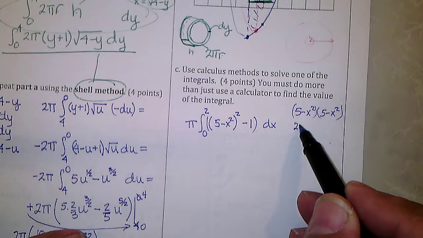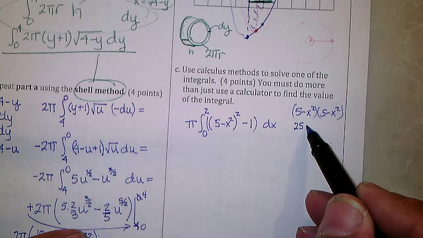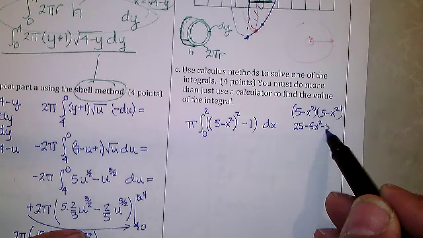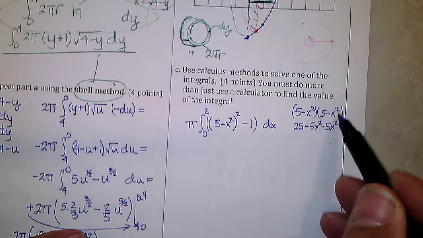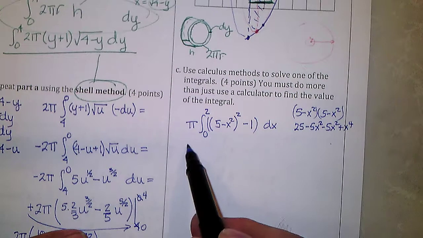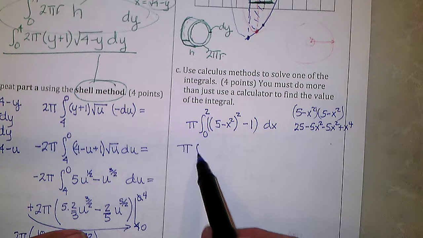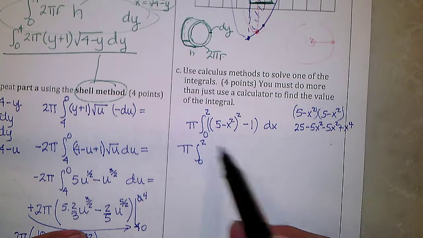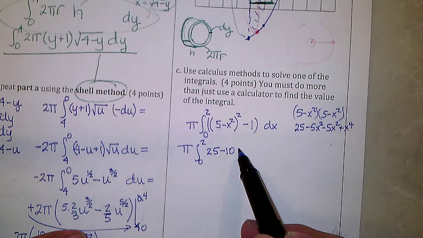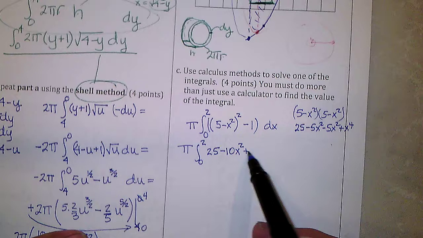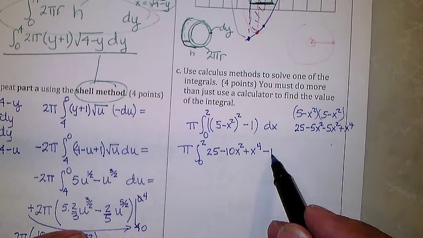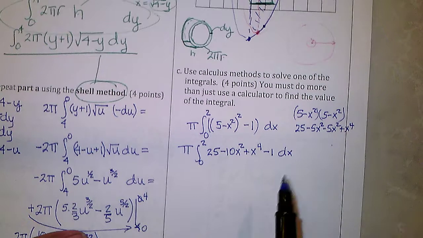So I get 25 minus 5x squared minus 5x squared plus x to the 4th. So I have pi integral from 0 to 2 of 25 minus 10x squared plus x to the 4th minus the 1 squared, which is 1, dx.